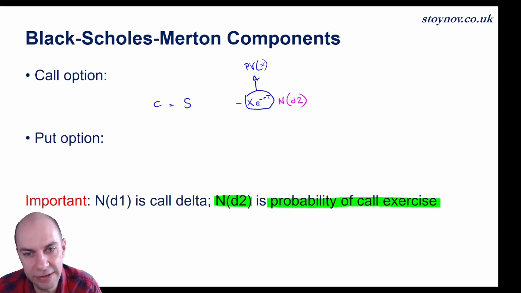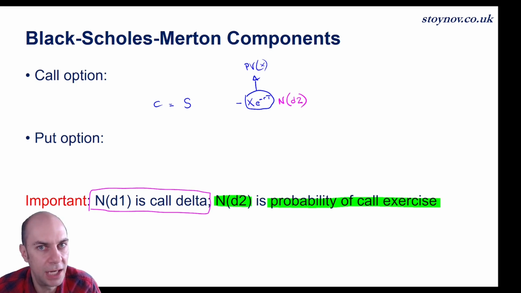And now that leaves us with one more element, and that's ND1, which is the call delta. Now, in part 1 of the video, we spent time talking about the hedge ratio. Well, hedge ratio was computed discretely from the binomial tree. The continuous version of the hedge ratio is known as ND1, or the call delta.